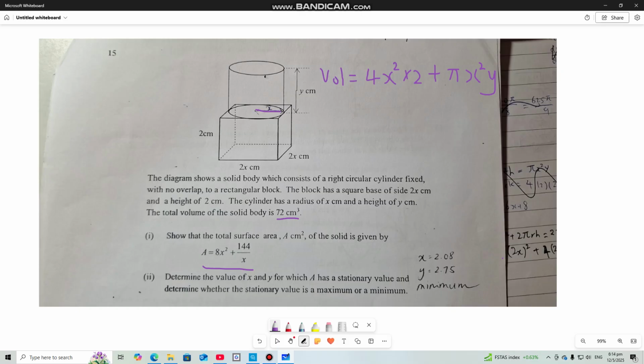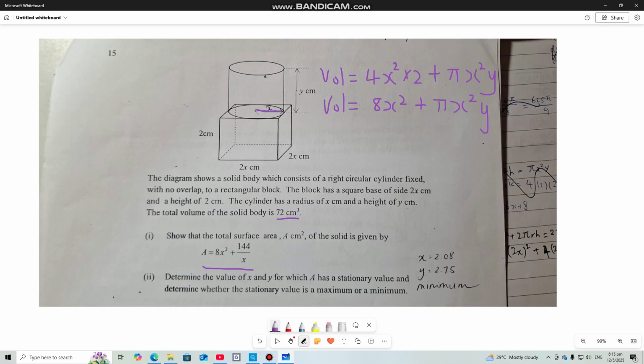And of course, let's just make it a little bit nicer. The volume is equivalent to 8x squared, alright, and then we have got plus pi x squared y. Alright, so this is what we have, and let's just put in the volume.